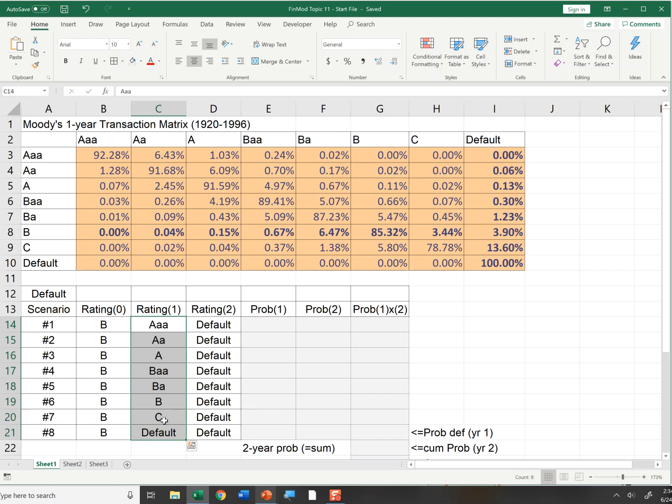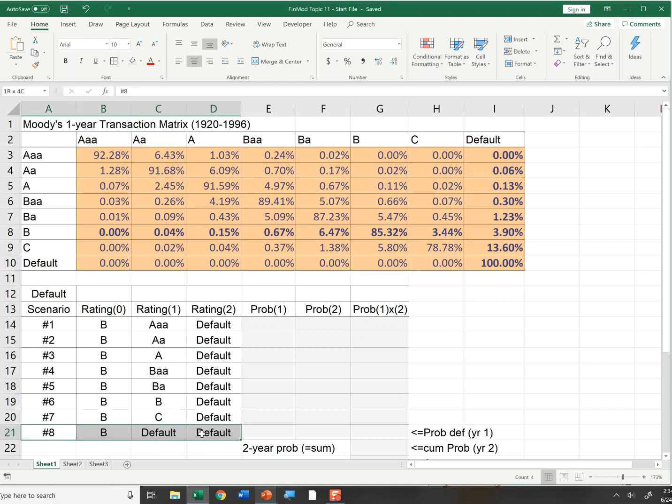Now, if I'm looking at the 8 scenarios in which this bond dies, it could start out at a B. At the end of the first year, it could be any of these ratings. And if we're only looking at the paths in which it dies, at the end of year 2, it would be in default. So let's look at the most likely default probability.